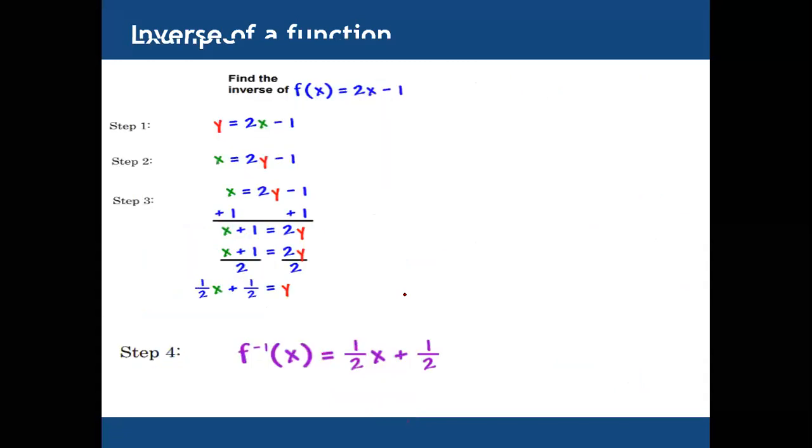Great, excellent. Okay, now how can we find the inverse function? There are only 3 simple steps for finding the inverse of a function. Like if you are given the function f of x is equal to 2x minus 1, how to find the inverse?